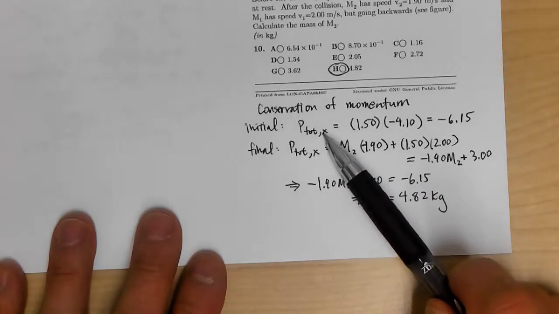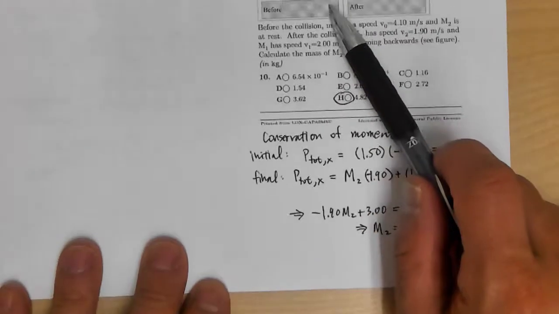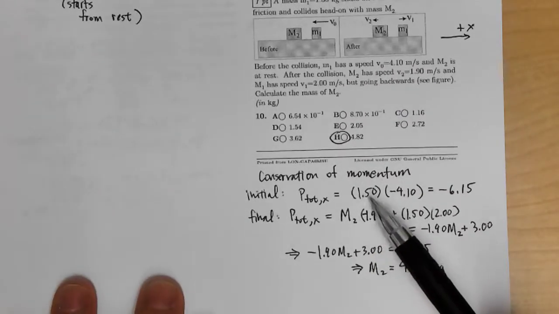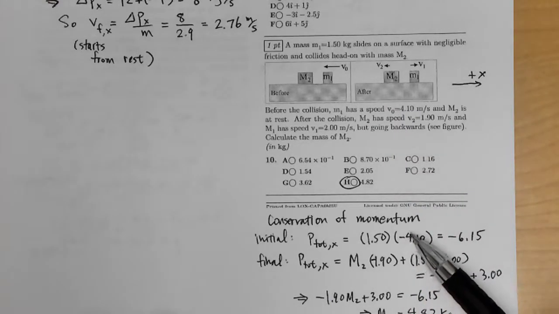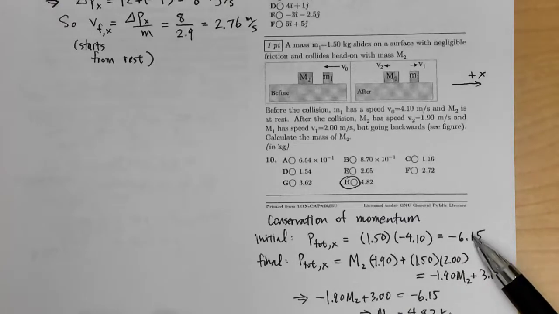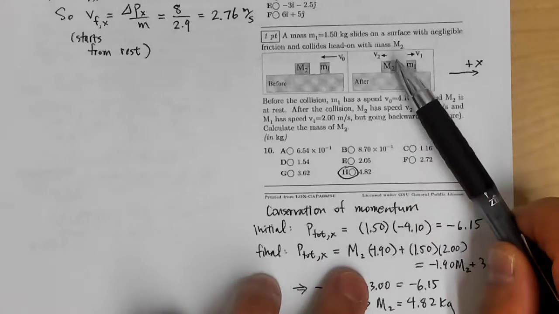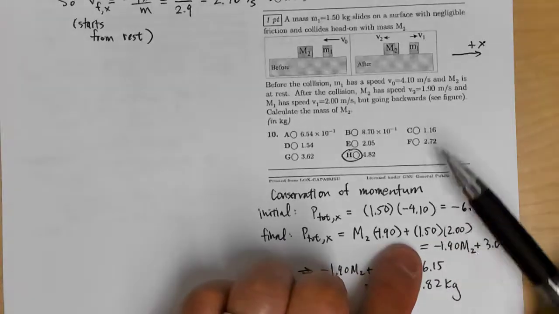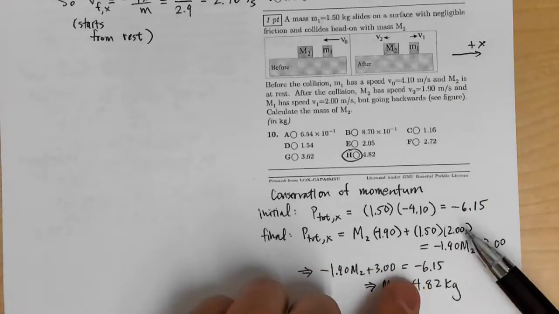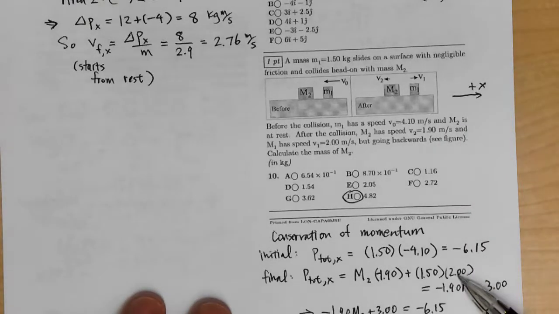So P total initially in the x direction will be just coming from M1 here. We have 1.50 for the mass of M1, and it's going with v0 equal to negative 4.10. So we get negative 6.15. The final momentum is going to be M2 times negative 1.90, plus 1.5 for the mass of M1 times 2.00 for the final speed of M1.